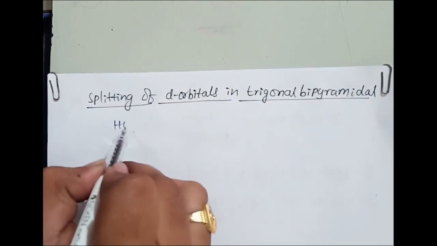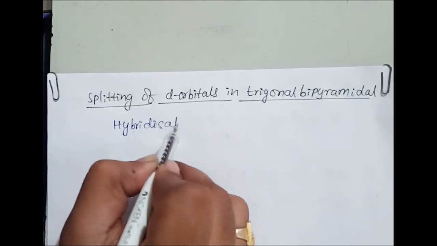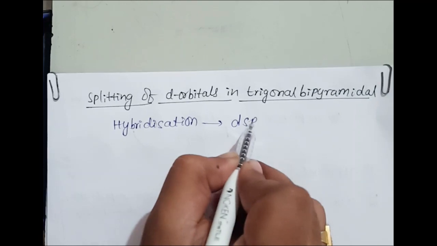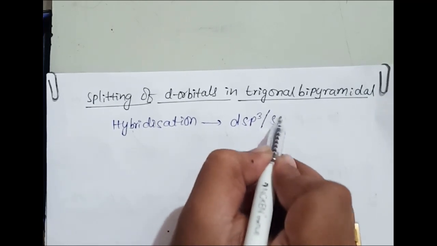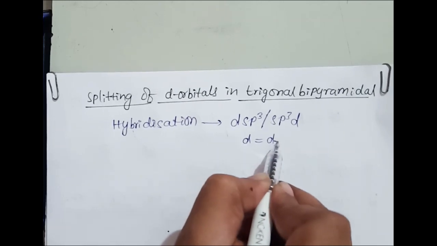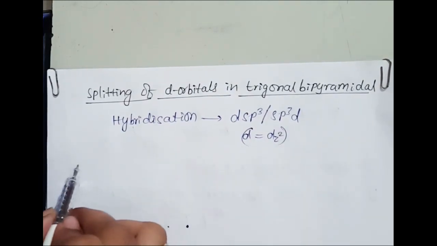So in trigonal bipyramidal, what is the hybridization? The hybridization is dsp3 or sp3d, and the d orbital involved here is dz square. Got it? So here there are 2 points.